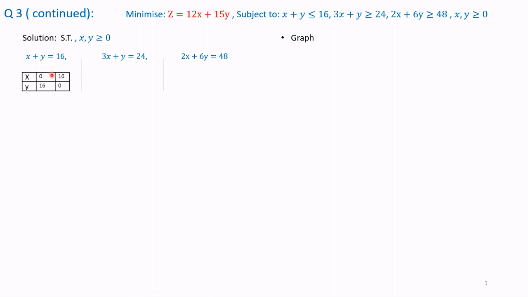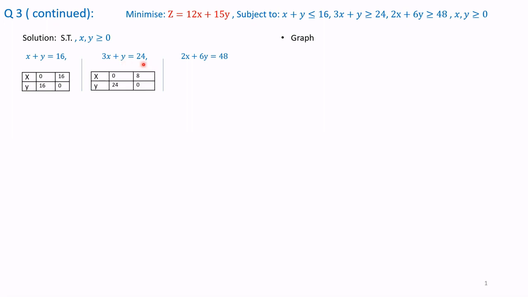When x is equal to 0, y is equal to 16. That we have written here. And the next is y is equal to 0, x is equal to 16. Similarly, we will find the points for the straight line 3x plus y is equal to 24.